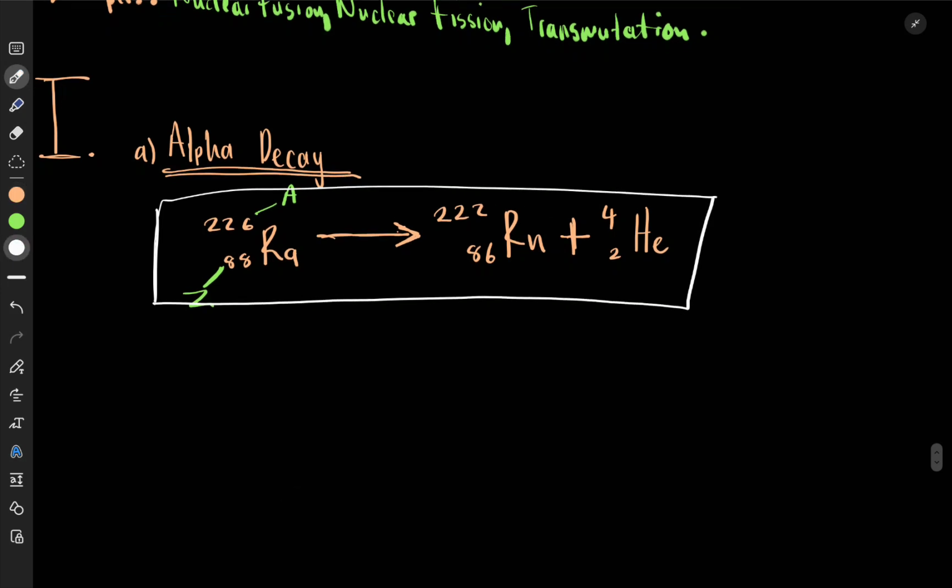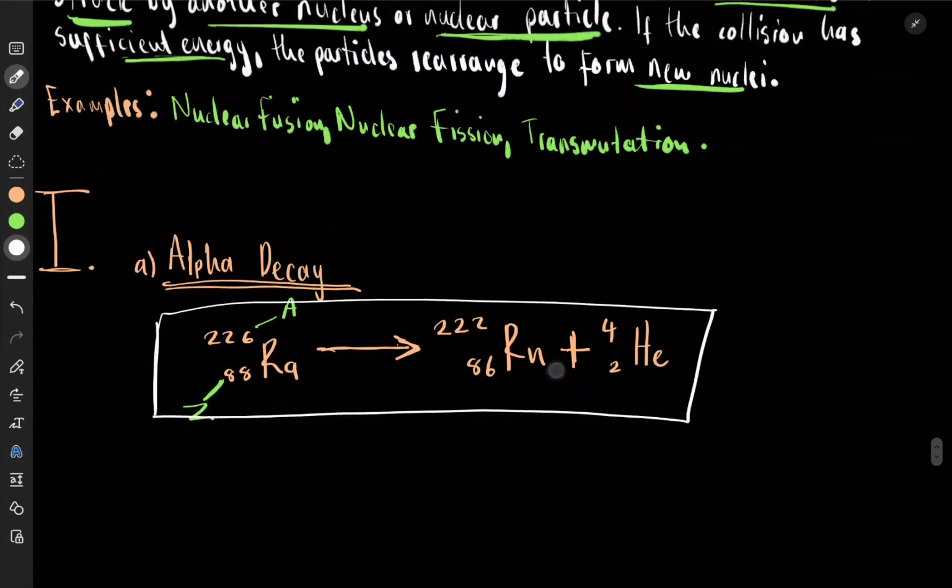Now, how would we know? When we write these equations, we use the rule that we use when we are balancing reactions. That rule says that the sum of protons and neutrons of the reactants is equal to the sum of protons and neutrons of the products. And the sum of the protons alone is equal on both sides.